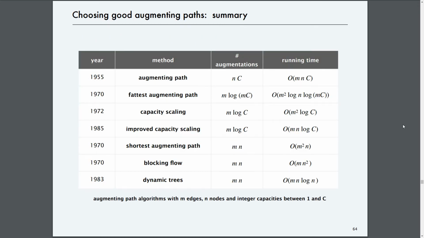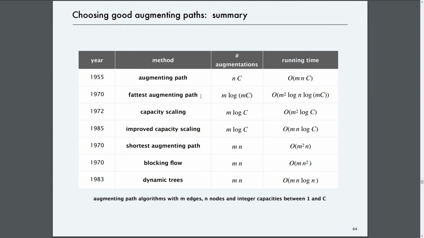Here you can see some comparison between the algorithms or the methods used. We have the standard augmenting path, which has n times c augmentations at most, so the running time here is O of m times n times c. We had the fattest augmenting path, which selects the absolute maximum bottleneck capacity.